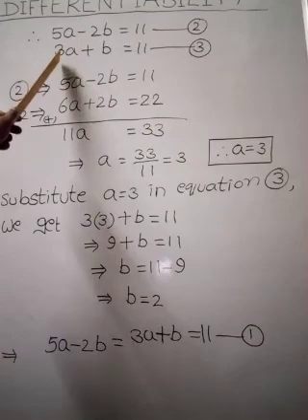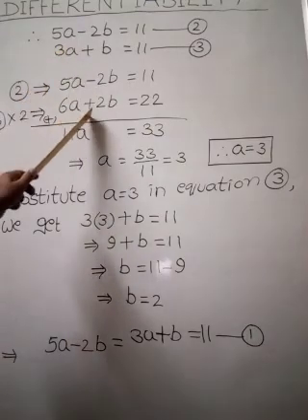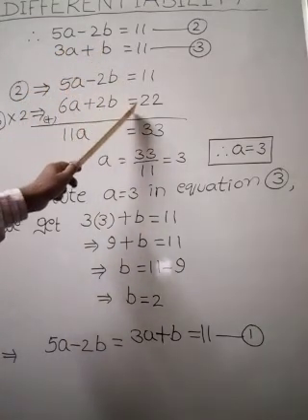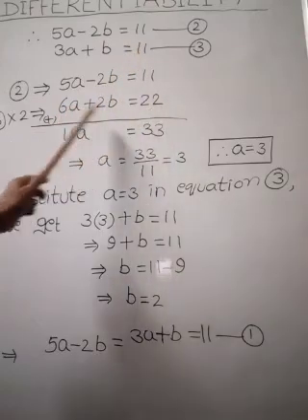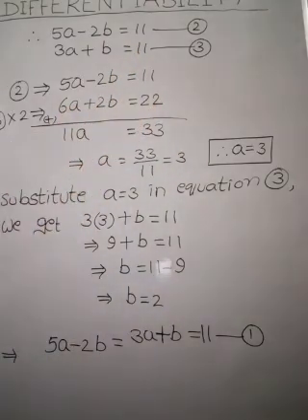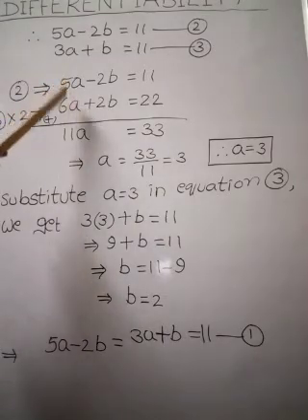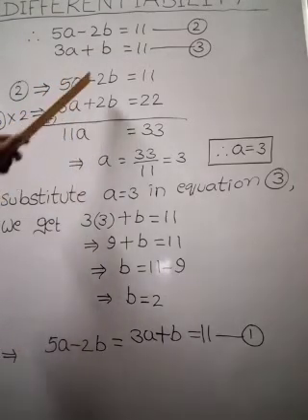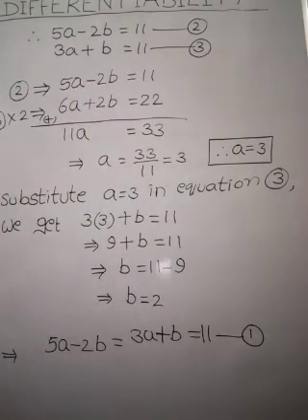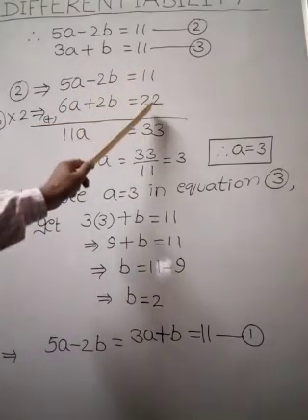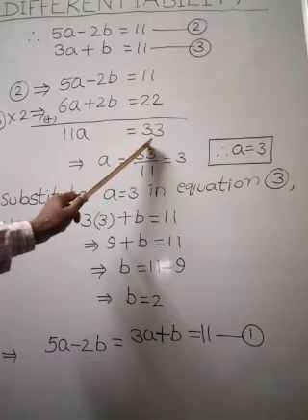Then we get 2 into 3, 6a plus 2 into b, 2b is equal to 2 into 11, 22. Understood this equation, my dear children? Right. By adding these two equations, we get 5a plus 6a, 11a. These two terms get cancelled, is equal to 11 plus 22. What will you get here? 33.